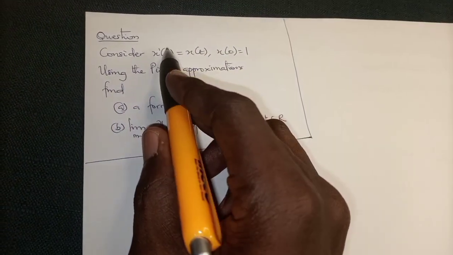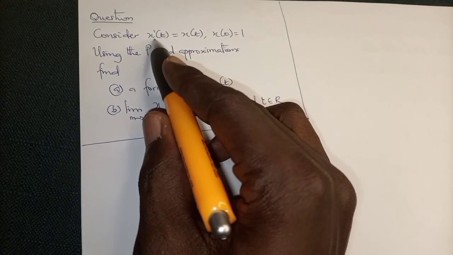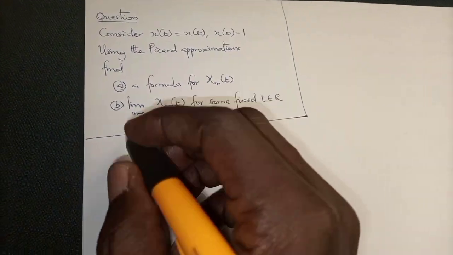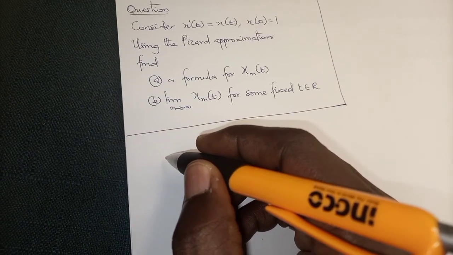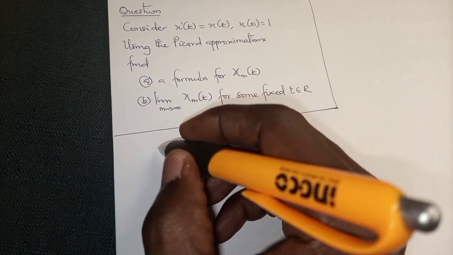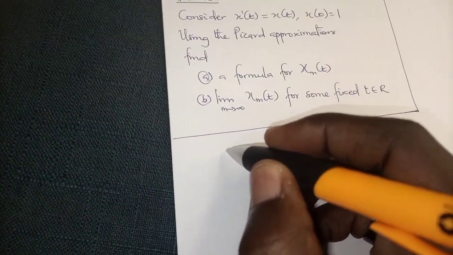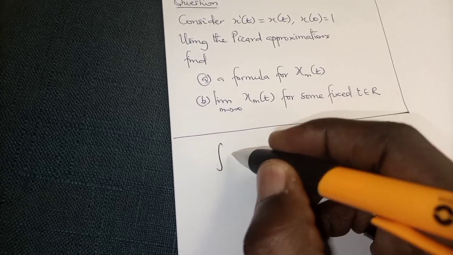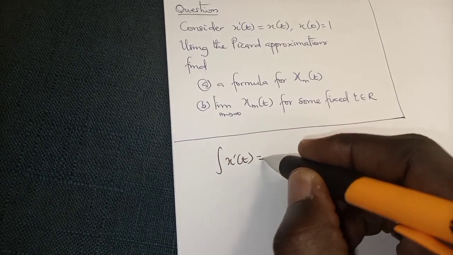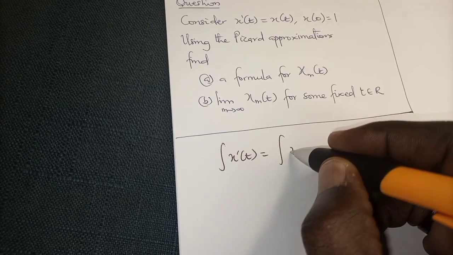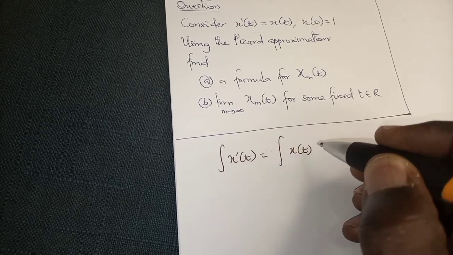So we integrate the function given to us here, this differential equation. So we're having the integral of x prime of t equals the integral of x of t.